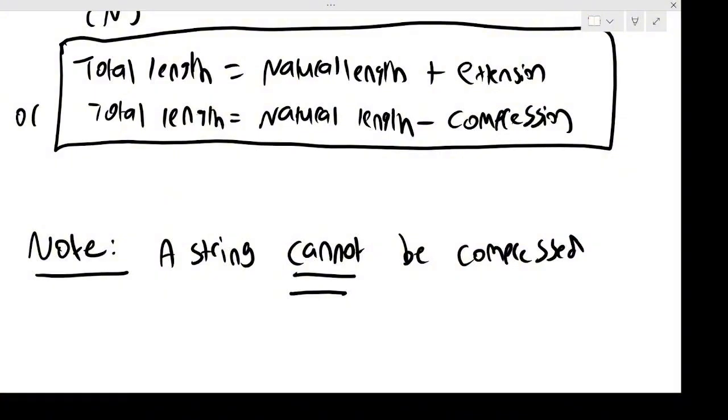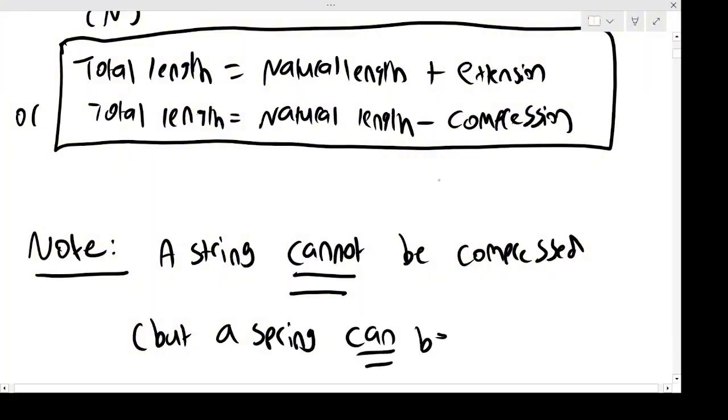So strings cannot be compressed, but a spring can. That's the key difference we need to be aware of. Only springs can be compressed. So a string will never have a compression, but a spring can.